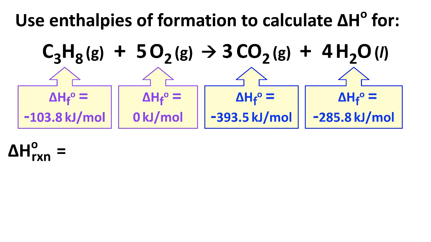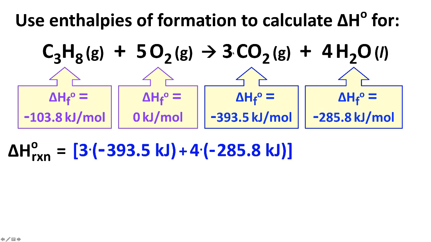Okay, so our equation is: delta H of reaction is going to be the sum of the delta H of formation of the products times their coefficients. So that would be 3, the coefficient for CO2, times negative 393.5, plus 4, the coefficient for H2O, times negative 285.8.